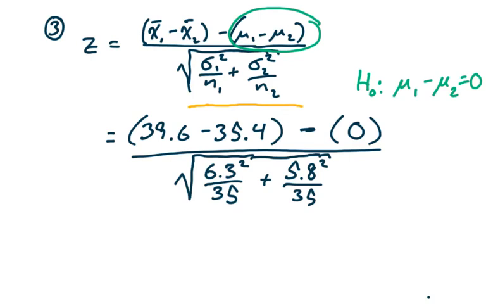Okay, so that is exactly where we get this 0 from. Now, once you see that, it'll basically be the same every single time. But that's where it's coming from. And then in the denominator we have 6.3 squared over 35 plus 5.8 squared also over 35, because the two random samples had the same number, 35 people in each.